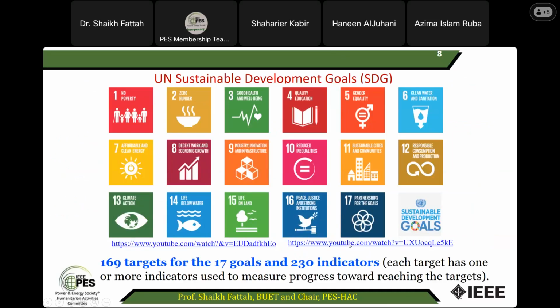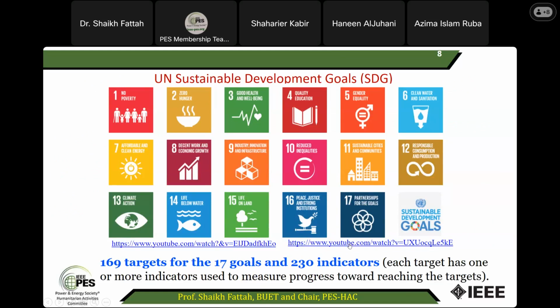So these are the 17 sustainable development goals. They are available, and we are all looking to achieve these goals. But some people in the project proposal just write, I am trying to solve the health aspects as well as some power.